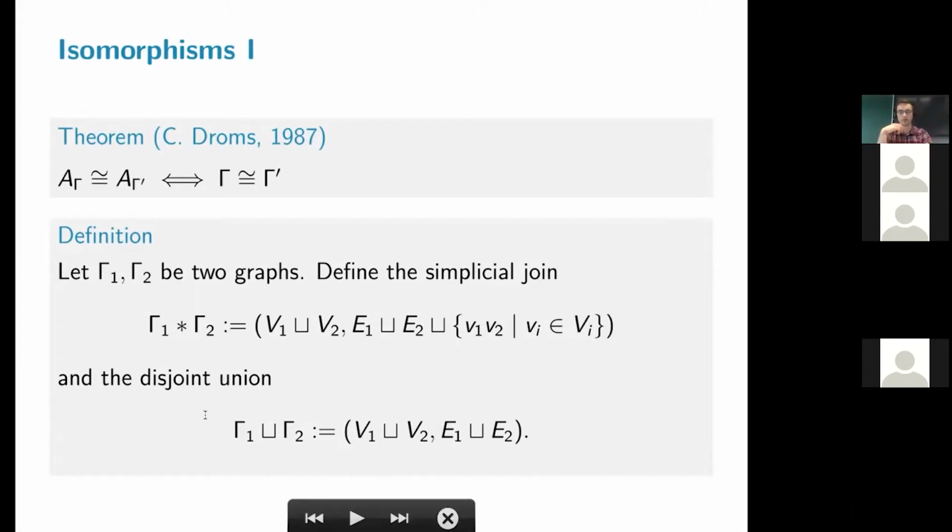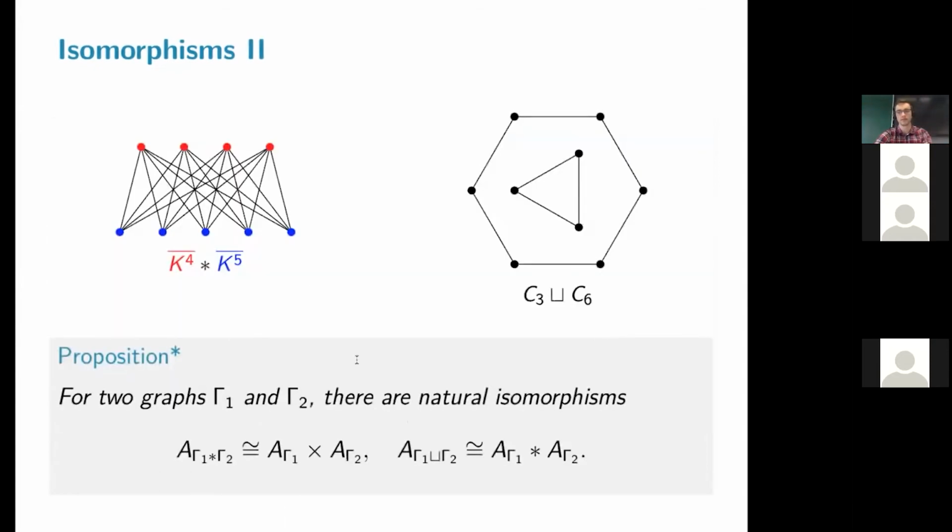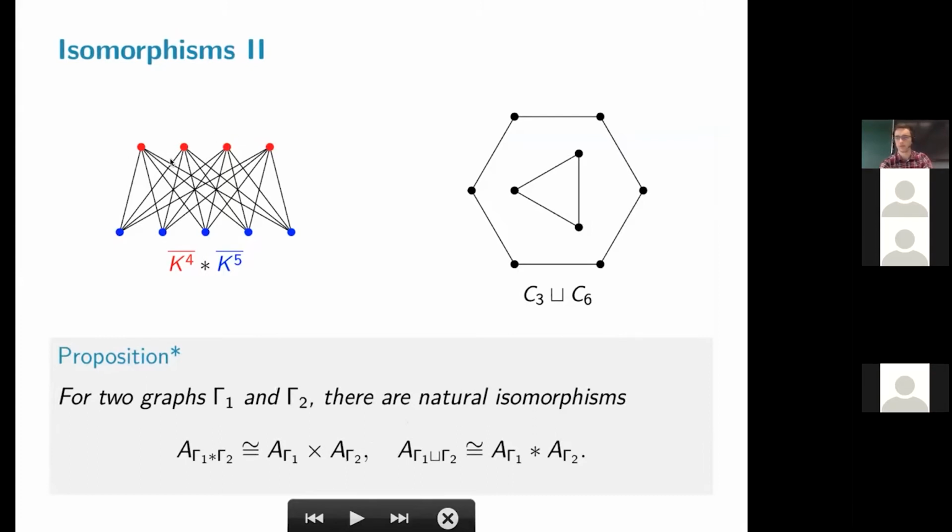Okay, and another construction is a disjoint union, where we just view the 2 graphs together as one, but we don't add any edges. To illustrate this, here we have a simplicial join. We take 4 red vertices, which is a co-clique, so a graph without any edges.